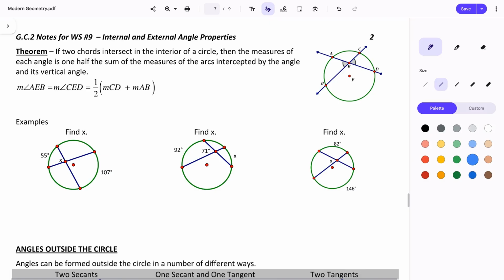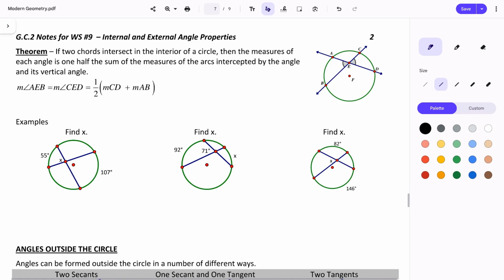We see a couple of different pairs of vertical angles in our picture. So what this rule is saying is if you can see those vertical angles and then you can match those angles up with the arcs that they're intercepting, kind of like what I was doing on that last problem, tracing the arcs in the red and the blue, and if you can figure out how much those arc measurements are, we can add the two arcs together.